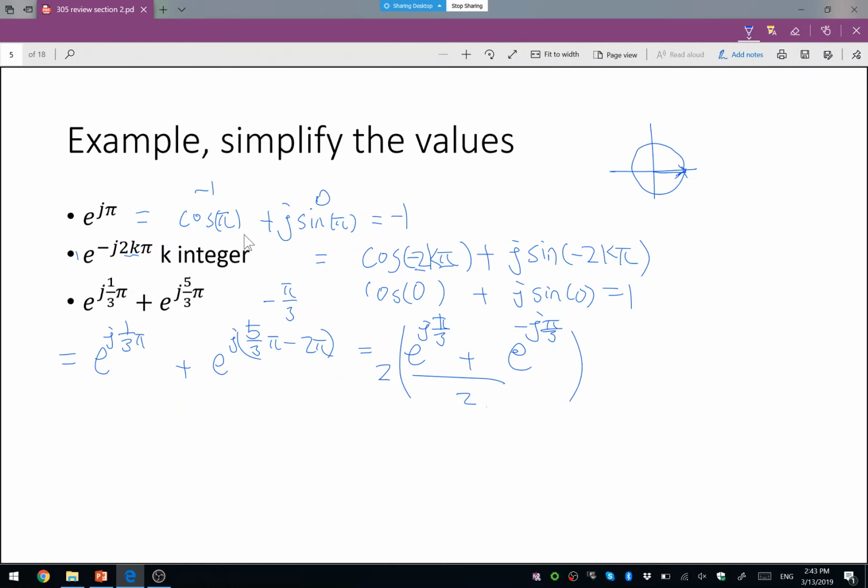And inside this parenthesis, it becomes a cosine. And this part is the theta, so pi over 3. And cosine pi over 3 is 0.5, and this one is 1.